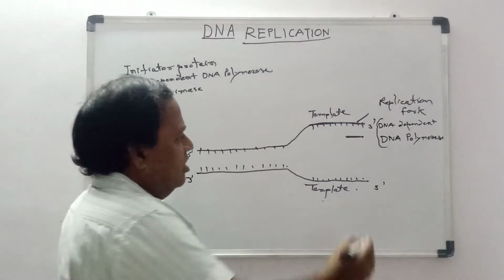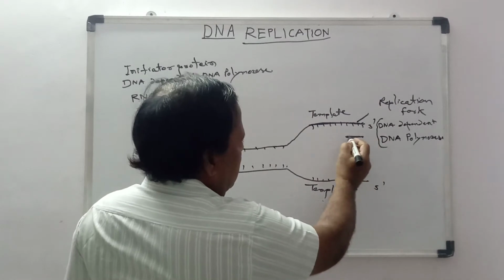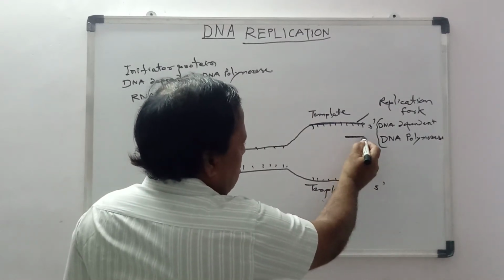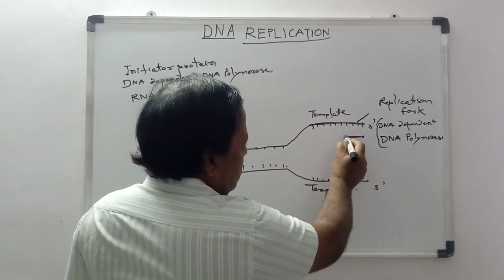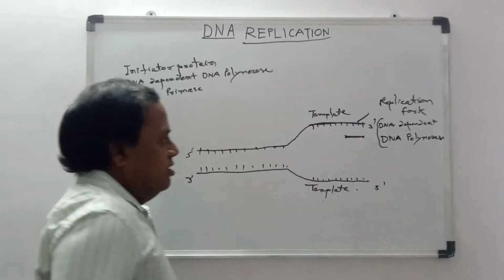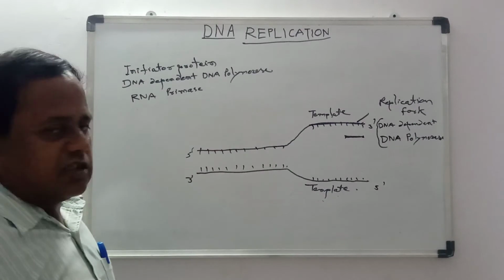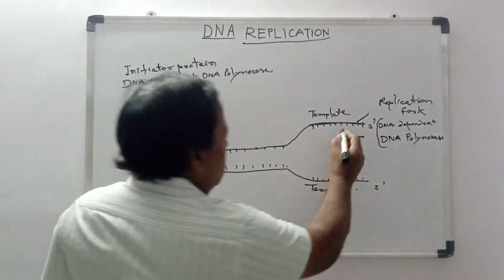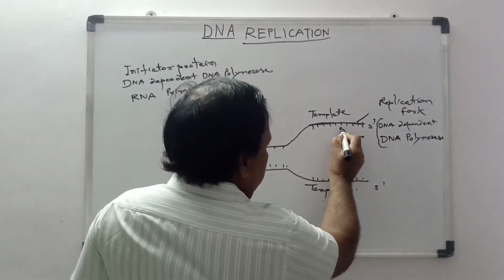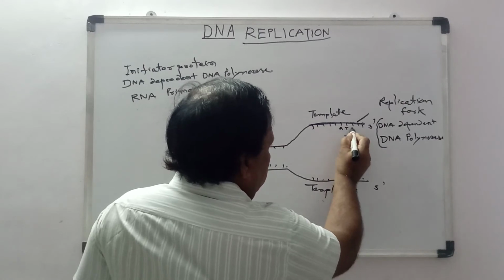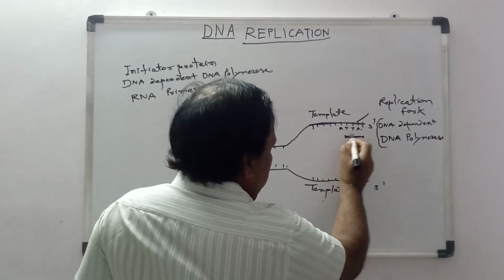This primase enzyme helps DNA dependent DNA polymerase by giving it a piece of RNA so that the process of polymerization starts. Okay, suppose this is adenine, this is thymine, this is thymine, this is adenine.